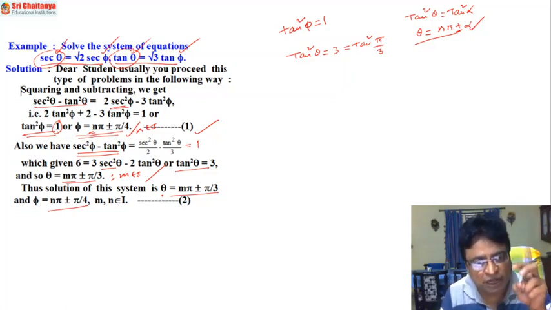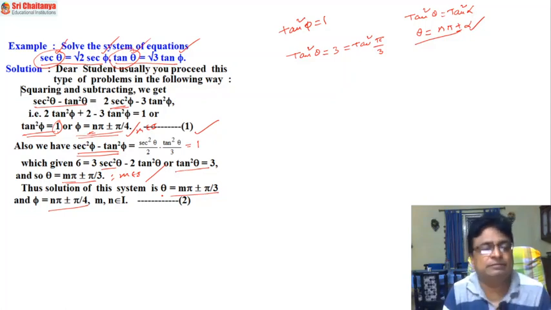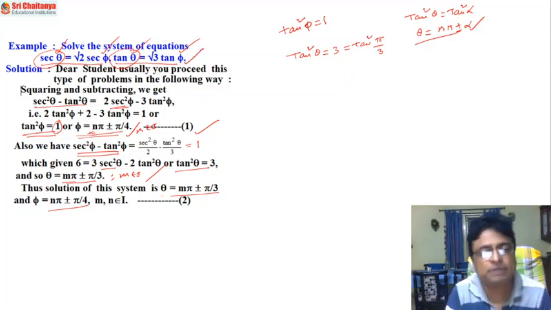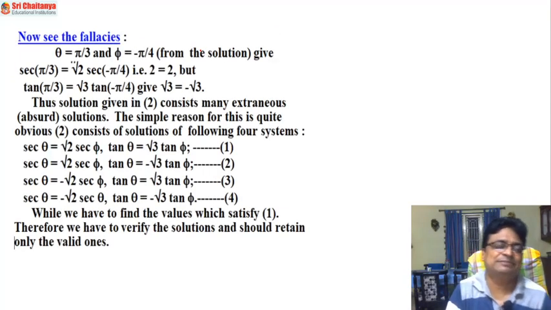But for what values of m and n will both theta and phi satisfy the given system of equations? That is the important point here to practice. Otherwise, the majority of students make mistakes. Simply they leave the problem like this. But with this, sometimes we may get absurd solutions also. How? That we will discuss in the next slide.